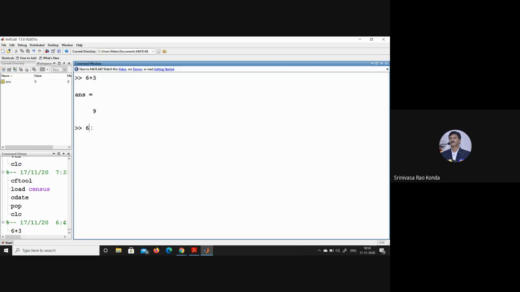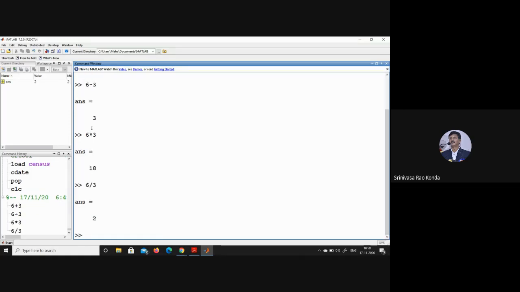So 6 minus 3. This is the output. 6 into 3. 6 by 3. 3 by 6, the reverse, no? Left division, right division.